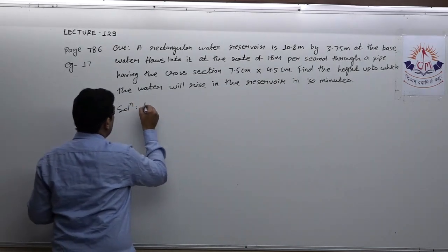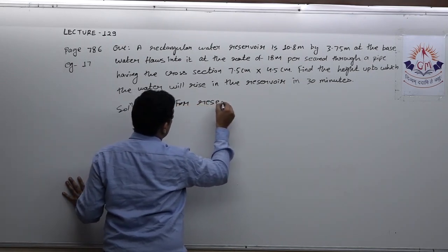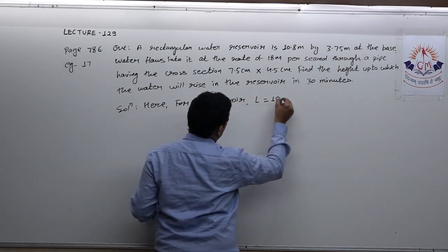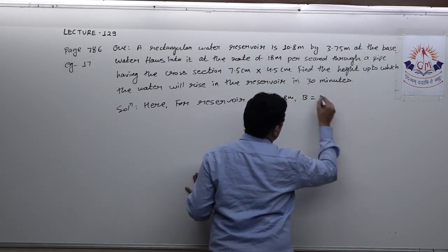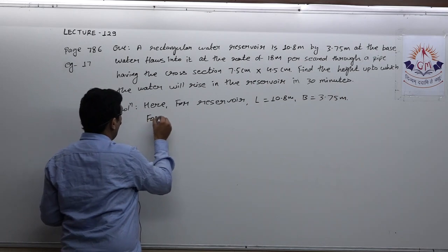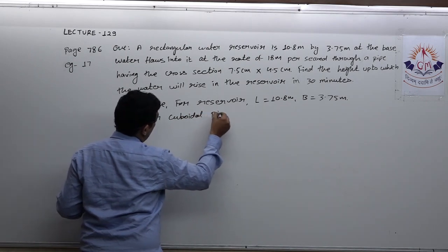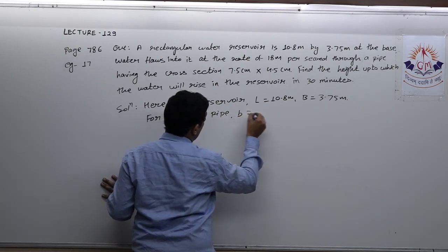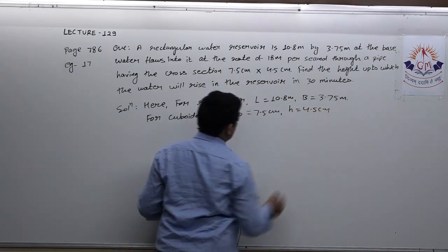First of all, for the reservoir, L is 10.8 meters, B is 3.75 meters. For the cuboidal pipe, B is 7.5 centimeters and H is 4.5 centimeters.